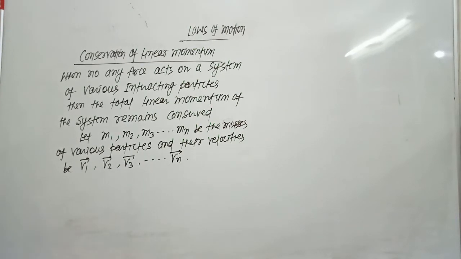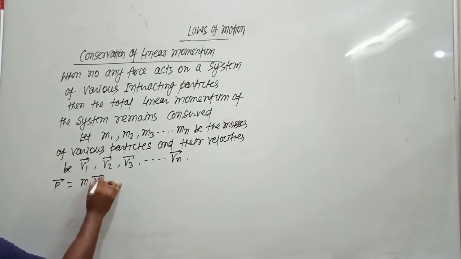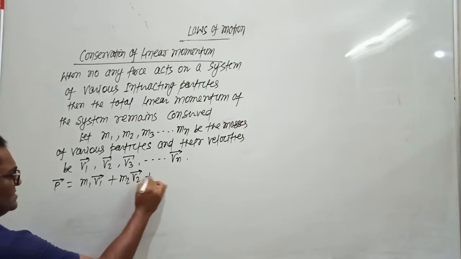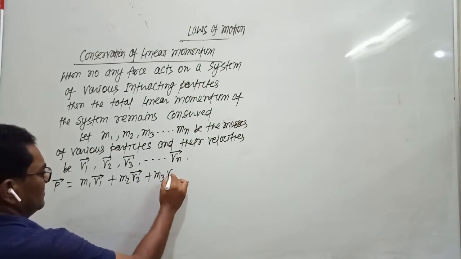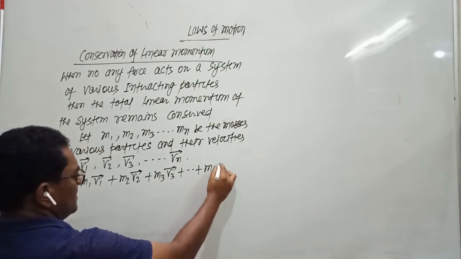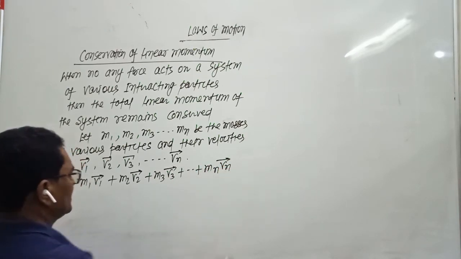Then total linear momentum of the system is given by p vector equals to m1 v1 vector plus m2 v2 vector plus m3 v3 vector plus up to mn vn vector.